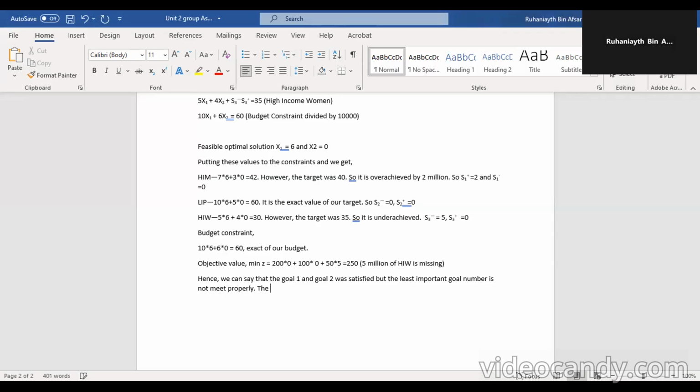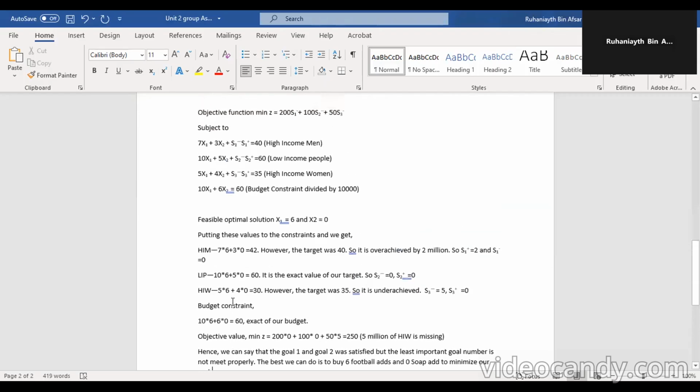So the best we can do is to buy 6 football ads and 0 soap ads to minimize our cost.